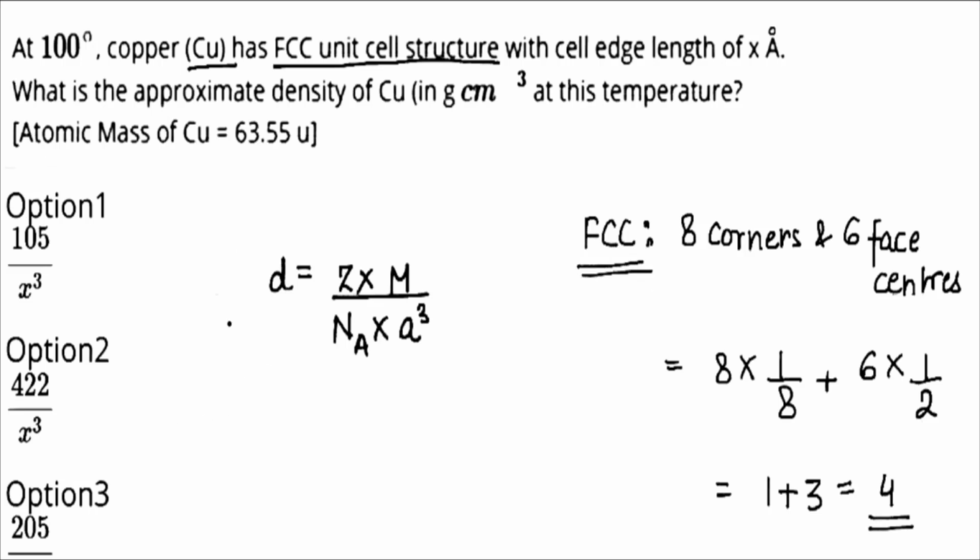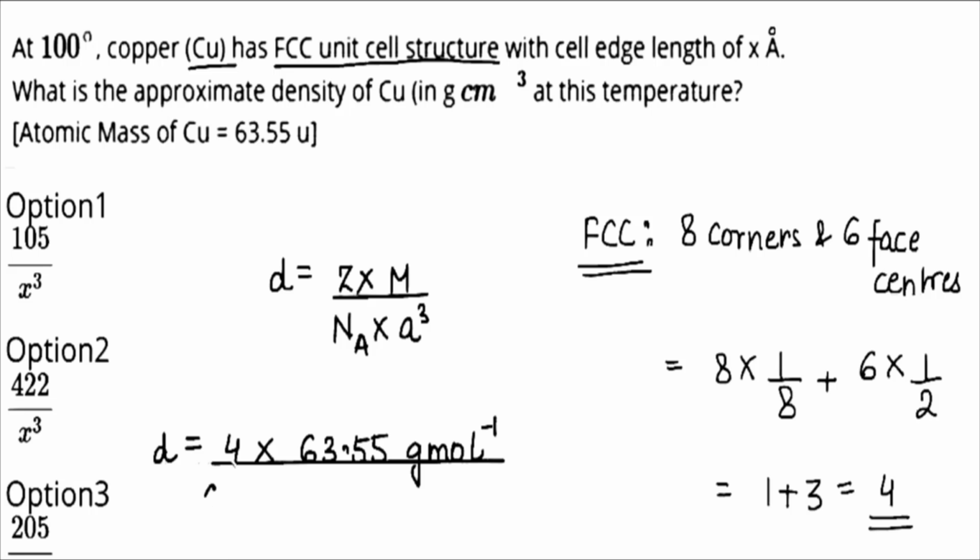So now if we put the values in this formula, we have to calculate the density. So density will be equal to Z, which we have calculated, 4 into M, which is molar mass, and it is given 63.55 u, or it is 63.55 gram per mole, divided by Avogadro number, which is 6.022 into 10 raised to the power 23 mole inverse into a cube, and this a is the edge length, which is given x angstrom.